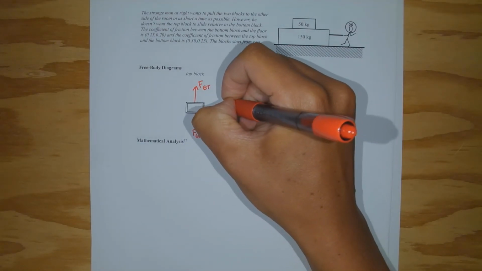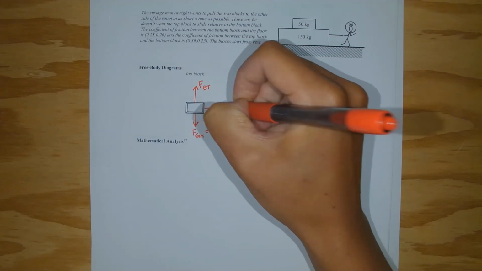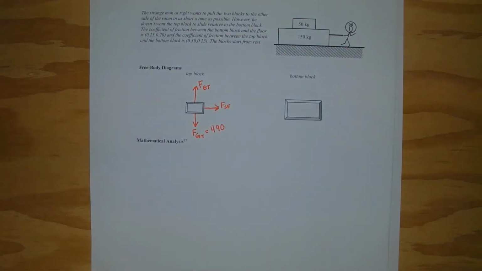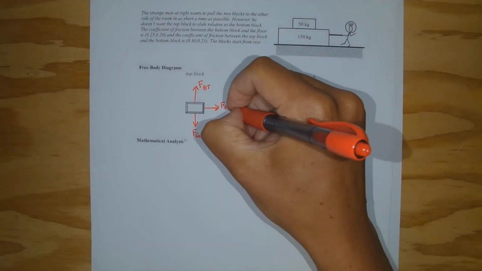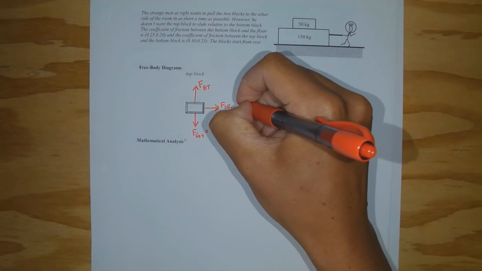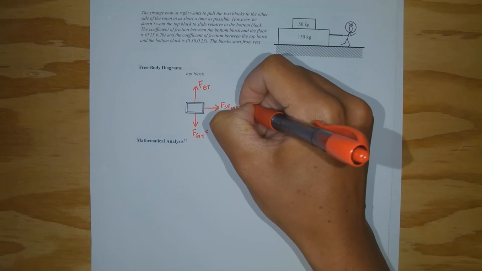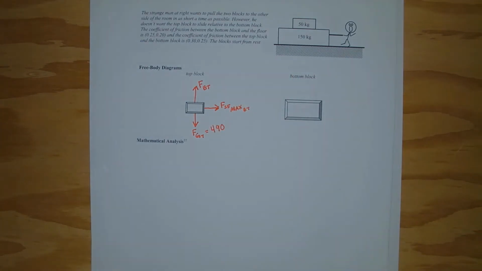This is the force of static friction between the bottom block and the top block. But not only that, if he's going to pull the blocks across the room in as short a time as possible, this must be at its maximum value. So if he pulled any harder, the top block would slide off of the bottom block.